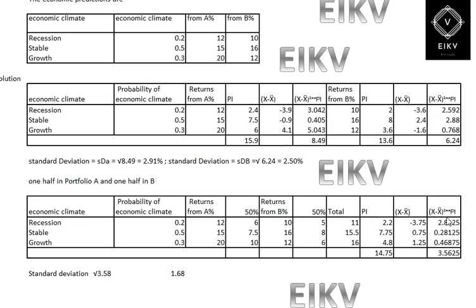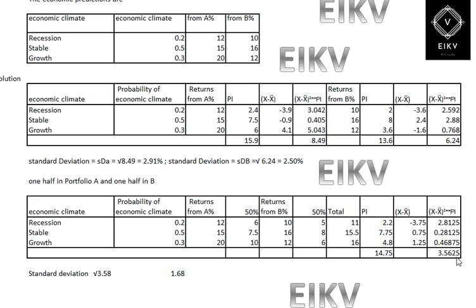After computing X minus X bar, we need to compute the X minus X bar whole square into Pi, which is negative 3.75 into negative 3.75 into 0.2, which is 2.81, 0.75 into 0.75 into 0.5 will give you 0.28, and 1.25 into 1.25 into 0.3 will give you 0.48.